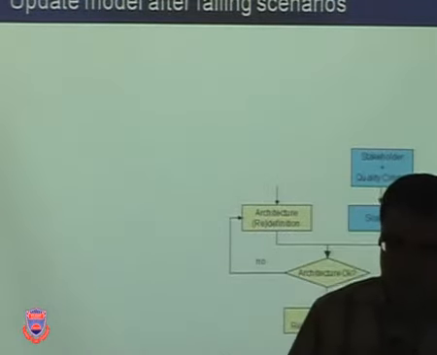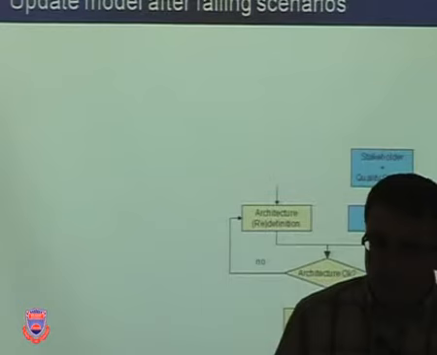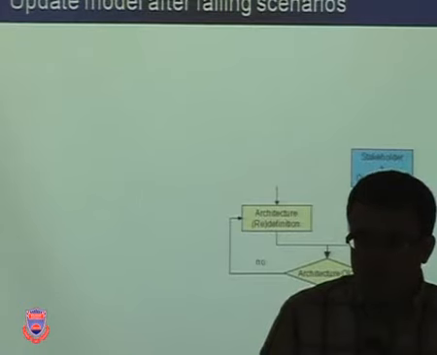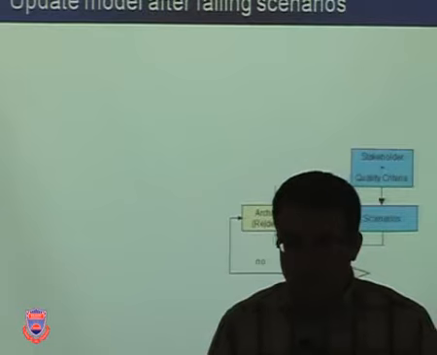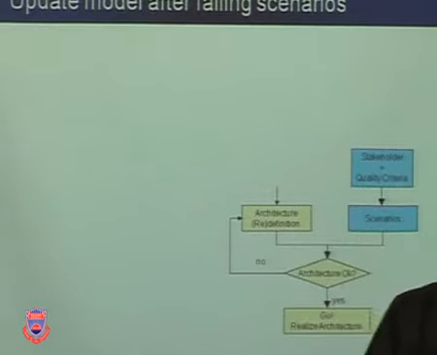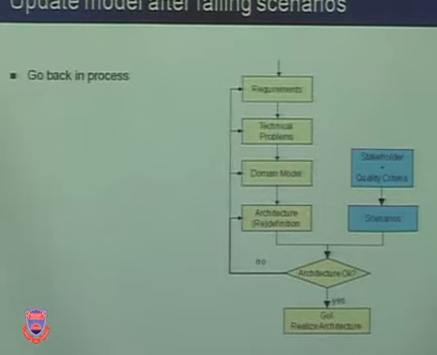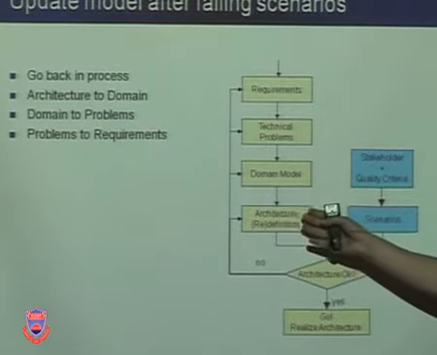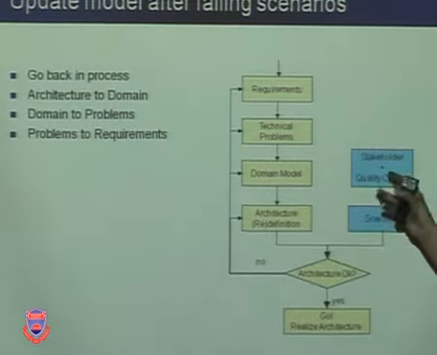So what does it mean, redefine here? What should we change? We might need to change the architecture, but what does it mean to change the architecture? You might need to go even earlier, right? We might need to go back in the process. We said, hey, this architecture definition is not appropriate. It cannot cope with some quality criteria.